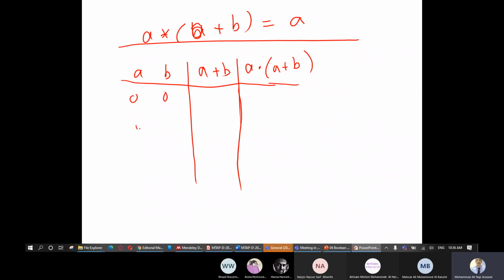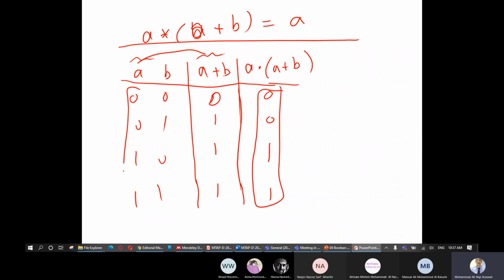Then I have 0,0, 0,1, 1,0, and 1,1. Then A plus B is 0, 1, 1, 1. Now I want to find the ANDing between these two columns. 0 and 0 equals 0. 0 and 1 equals 0. Then 1 and 1 is 1. So if I compare this with A, it will be equal to A. Perfect. Thank you very much.